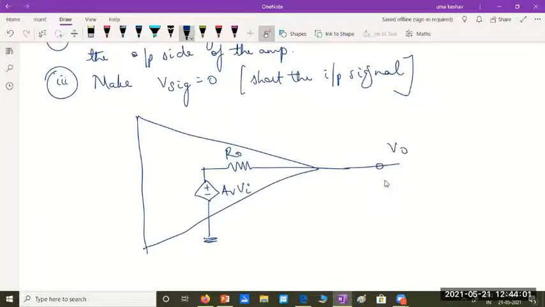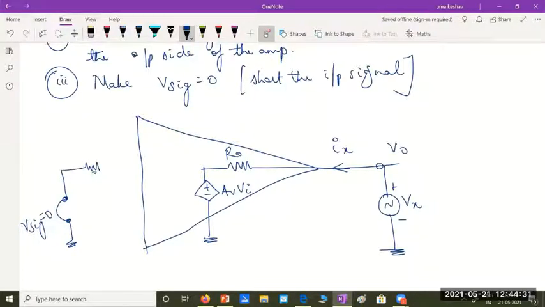I have removed RL and I will be connecting a voltage source Vx, sending a current Ix into the output side of the circuit. Is that clear? Remove RL, and on the input side, the signal generator should be shorted. Vsig should be made 0.